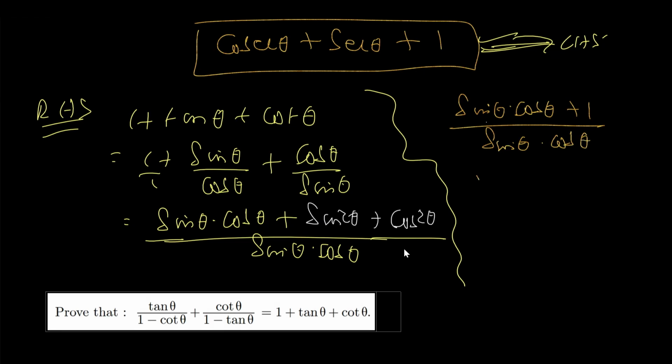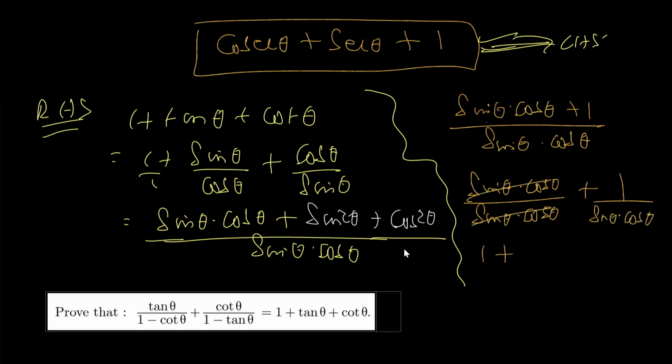Now if I divide by splitting, that is sine theta dot cos theta divided by sine theta dot cos theta, and then 1 over sine dot cos. This gets cancelled, which is 1, and this is 1 over sine, as we did earlier, which is cosec, and 1 over cos is secant.